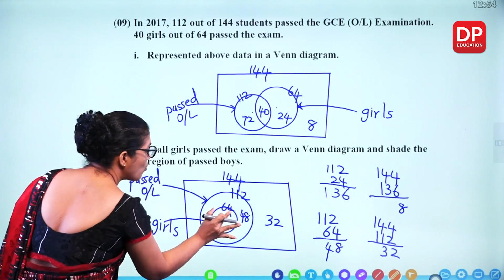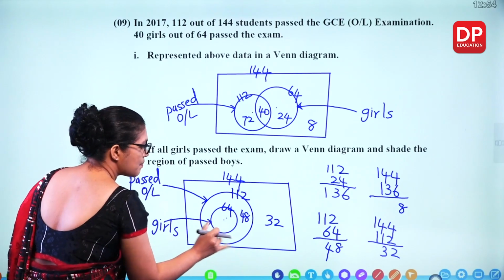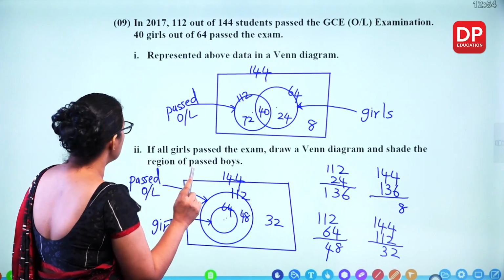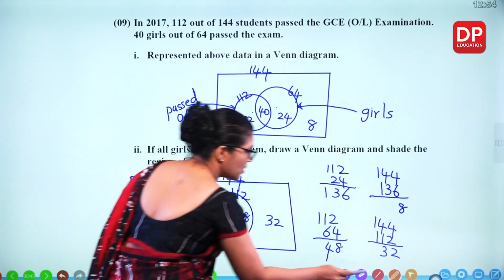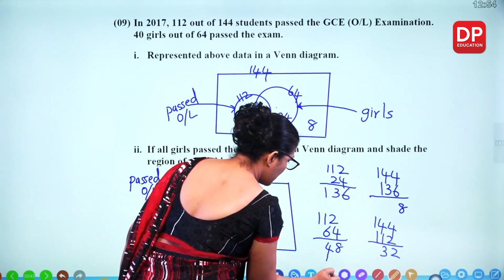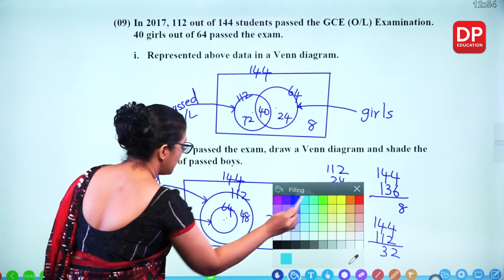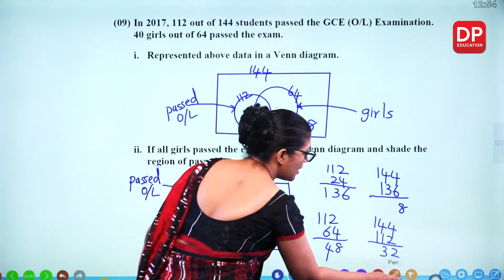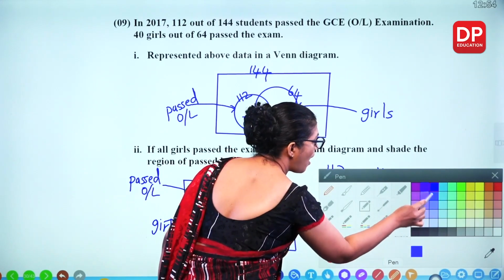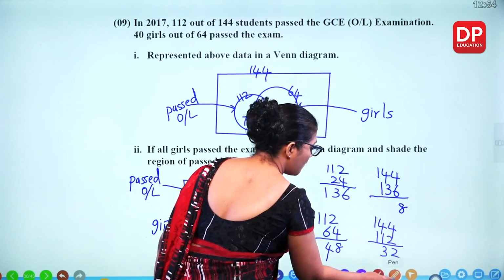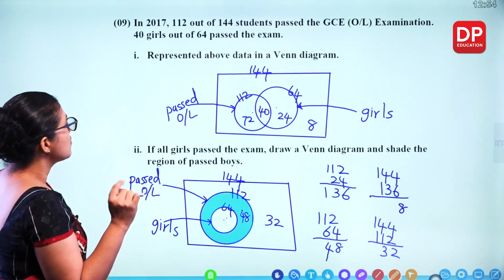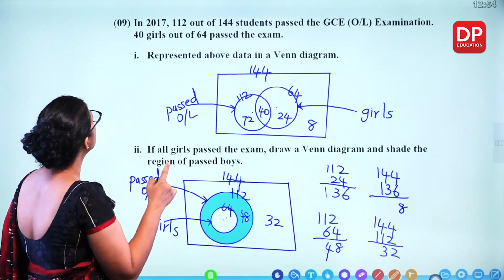So girls outside means this is passed boys. So we can color the region of passed boys, means we can shade this region. So this is the number of boys who passed the O-level exam. So that's the last part for this question.